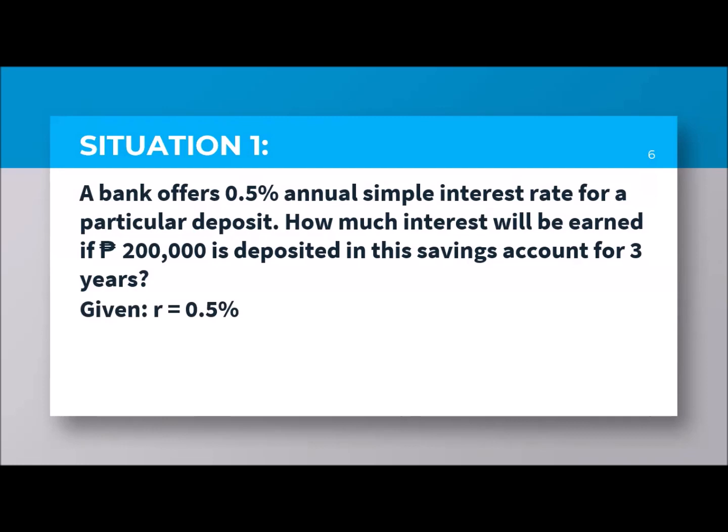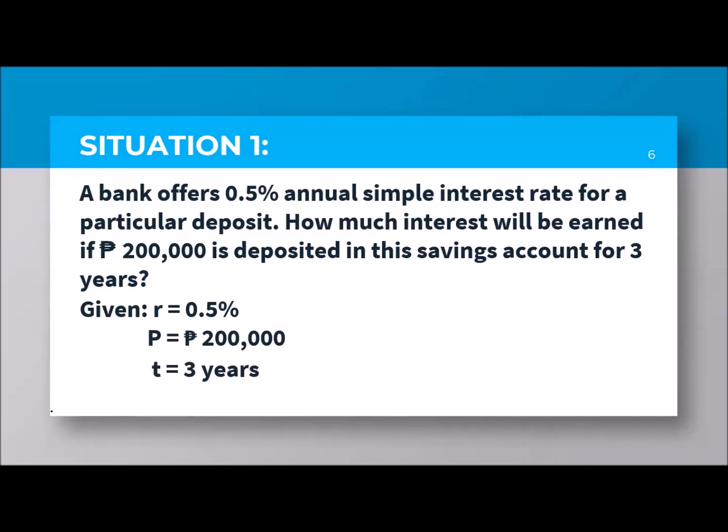Katulad ng nabanggit ko sa previous video lesson, ang rate ay naka-percentage form. Okay? At nabanggit naman dito na interest rate. And then, how much interest will be earned if 200,000 pesos deposited? So, ibig sabihin, dyan tayo nagsimula. Yan ang ating principal amount. And then, 3 years pertains to the time or the terms, particularly the bank offers.